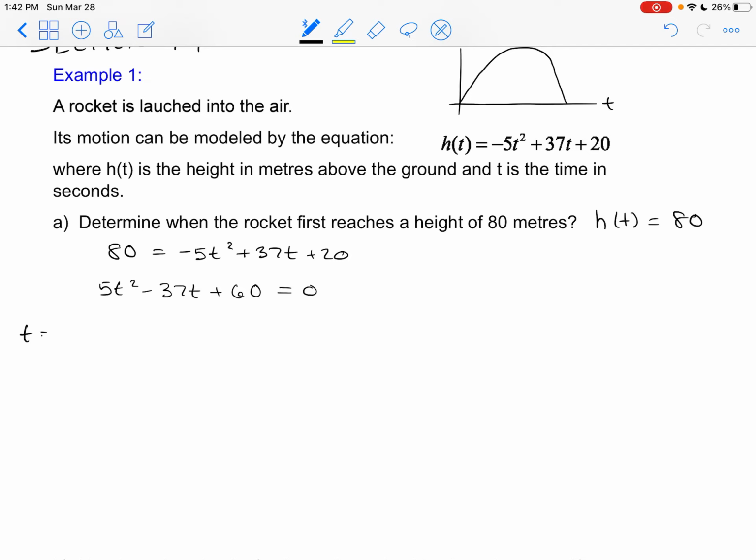So t is equal to negative b plus or minus the square root of b squared minus 4ac, and this is all over 2a.